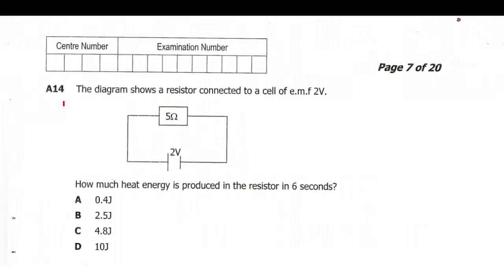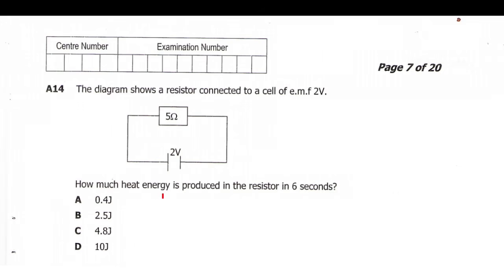Then 14 reads, the diagram shows a resistor connected to a cell of EMF 2 volts. How much heat energy is produced in the resistor in 6 seconds?